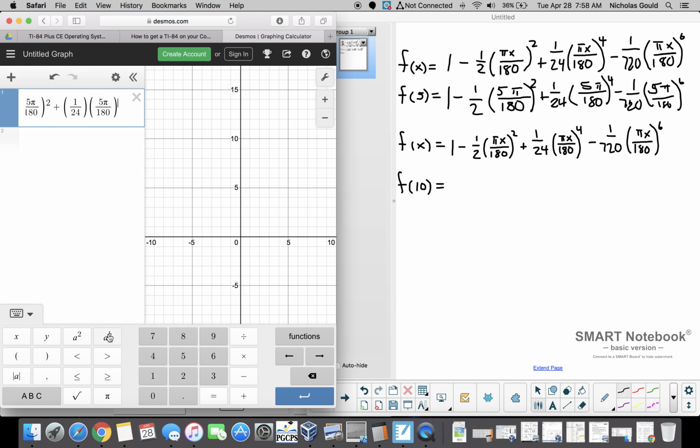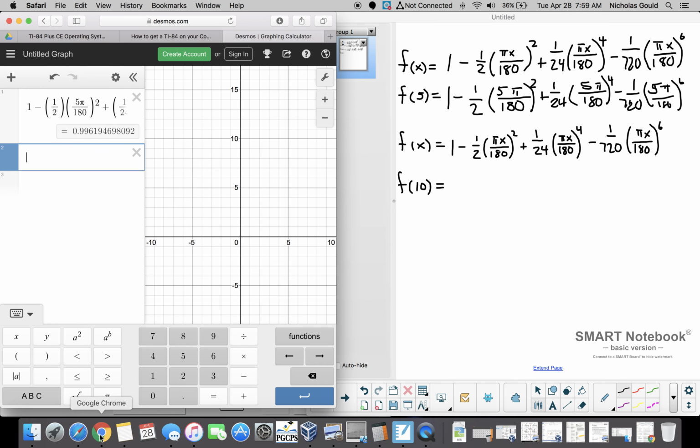I see an exponent, I'm going to hit that button so I can execute my exponent. I see a fraction, I'm going to literally put the fraction in parentheses every time. See another exponent. So once I hit enter, it's going to give me my numeric answer.